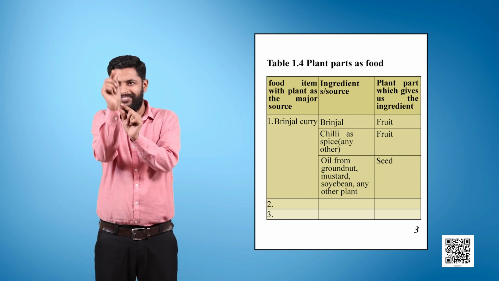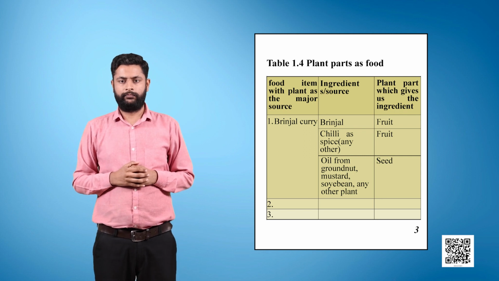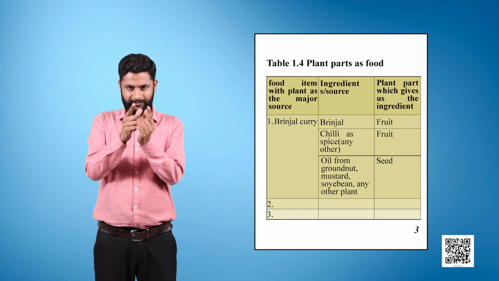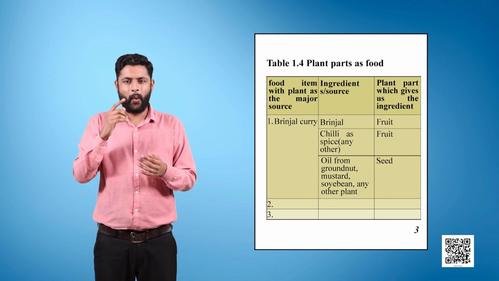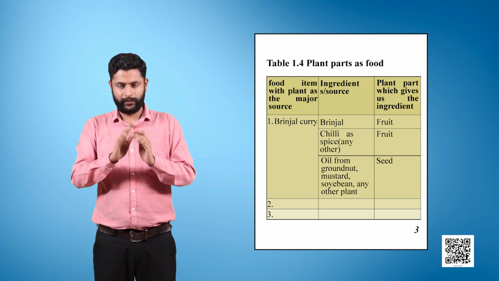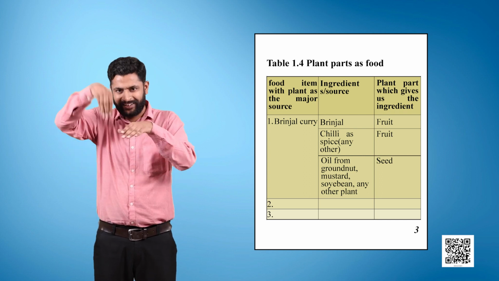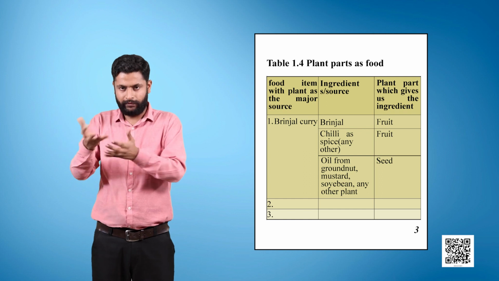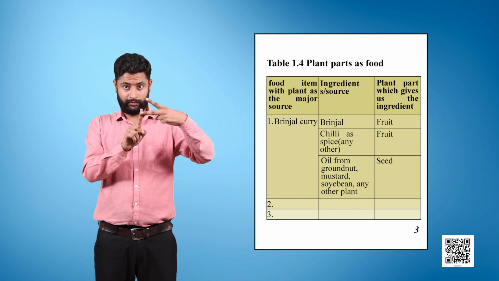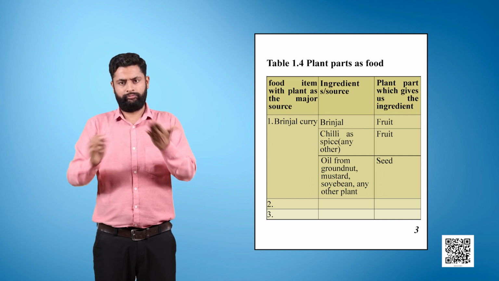Plant part which gives us the ingredient: fruit. Ingredients: oil from groundnut, mustard, soya bean, and any other plant. Plant part which gives us the ingredient: seed. Number 2 and number 3 are left for your activity.